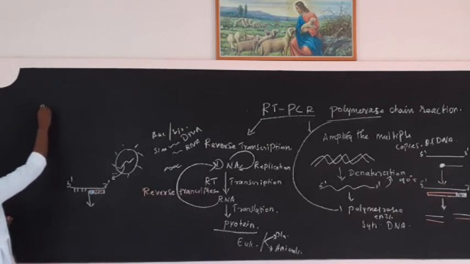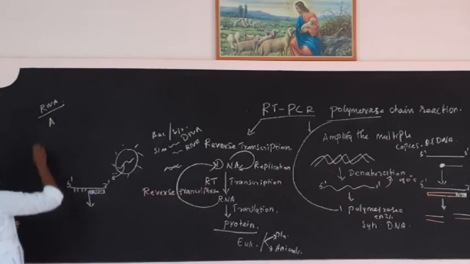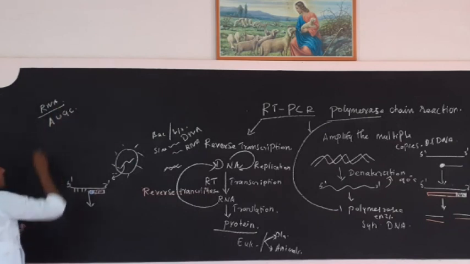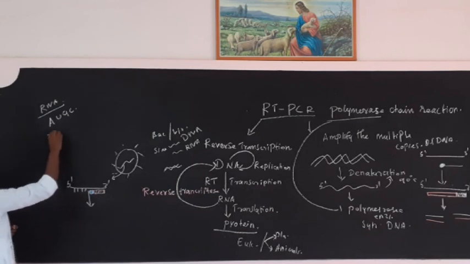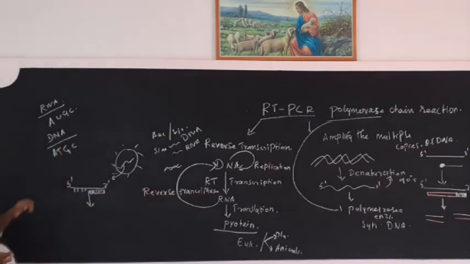In RNA, it has 4 bases, that is A, U, G, C. And DNA has A, T, G, C. In DNA it is T, and this T is replaced by U in RNA. In RNA there is no thymine, only uracil. So these are the sequences normally present in DNA and RNA.